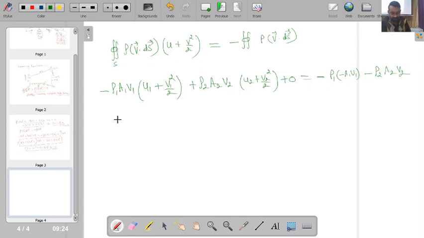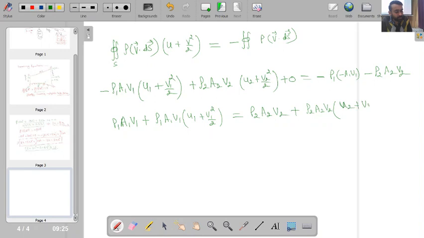Fine. So I will get my equation as P1 A1 V1 plus rho 1 A1 V1 into U1 plus V1 square by 2 equal to P2 A2 V2 plus rho 2 A2 V2 into U2 plus V2 square by 2.